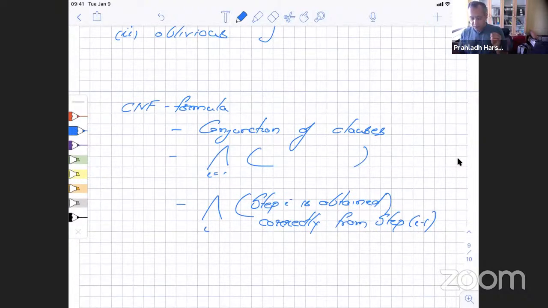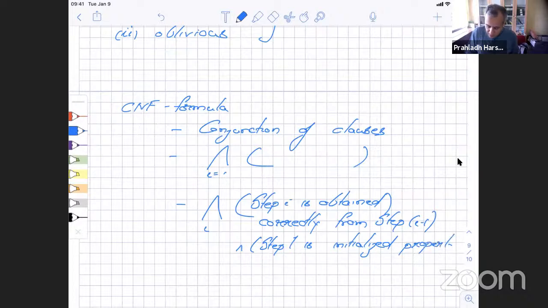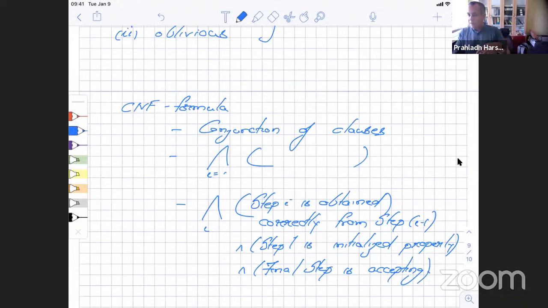So we'll show that step I can be obtained correctly from step I minus 1. Of course, you have to do it so that step 1 is initialized properly, and the final step is accepting. So computation basically means this. You have to start correctly, every step should be done correctly, and the final step should be correct. Now, okay, we haven't changed anything.